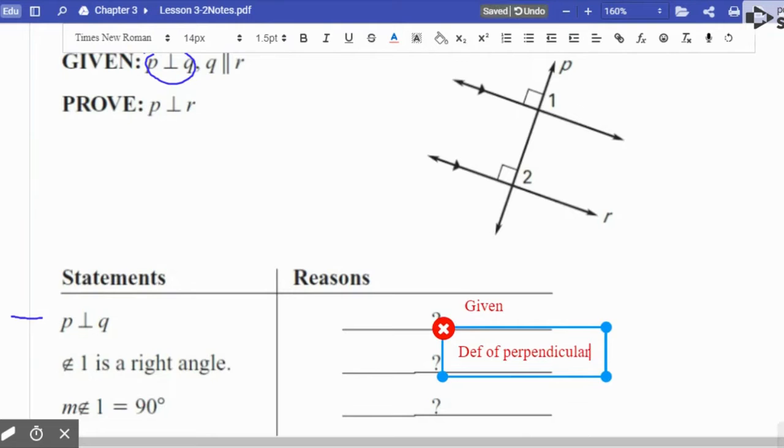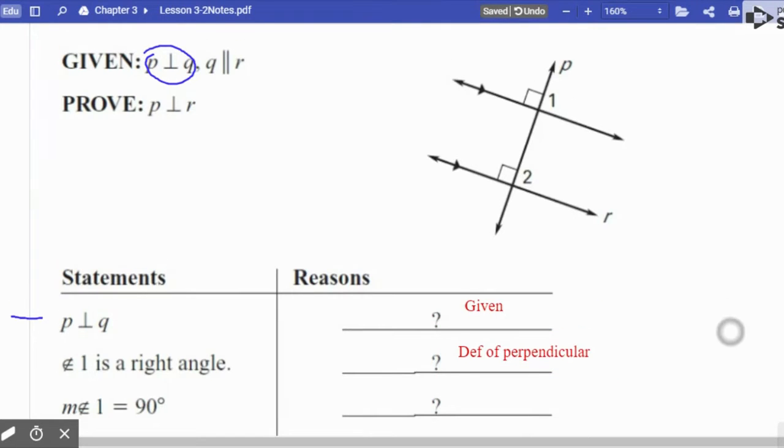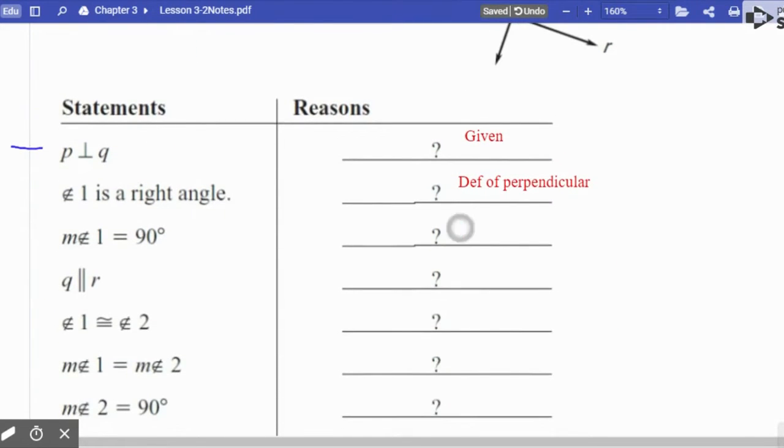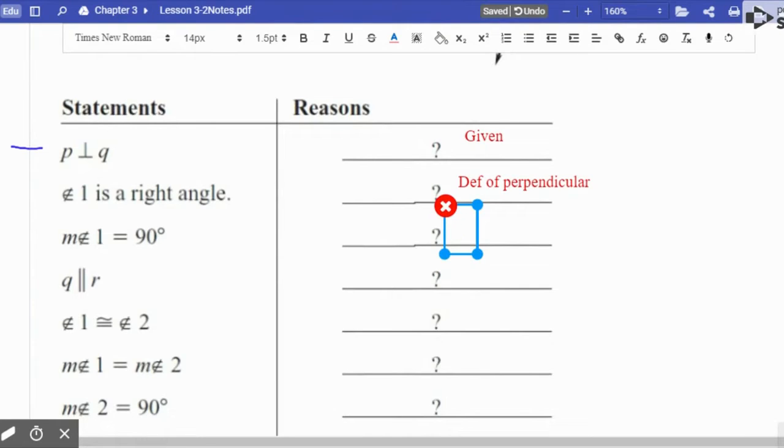So if angle 1 is a right angle, moving on to statement 3, angle 1 is 90 degrees. So if 1 is a right angle, that means it's 90 degrees. Well, that's by definition of a right angle.